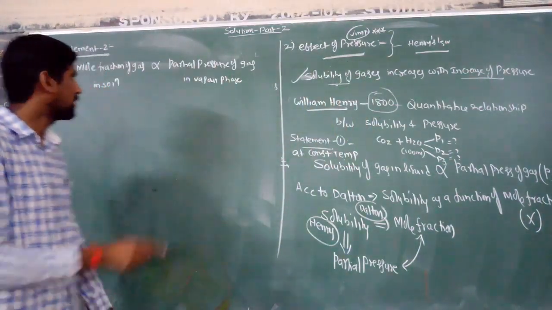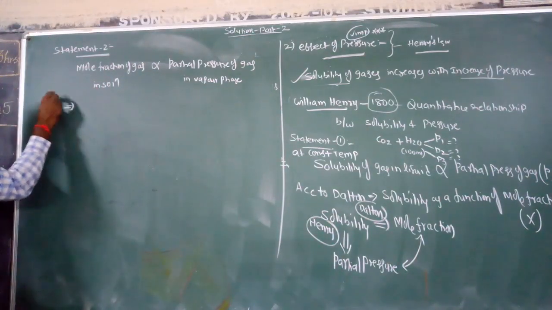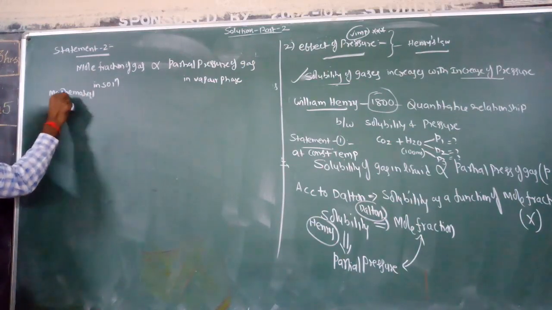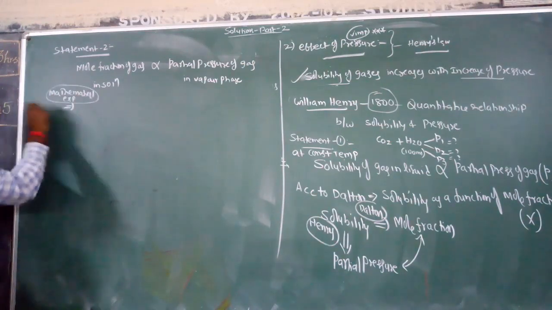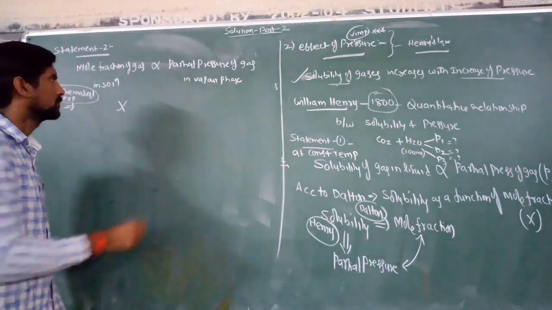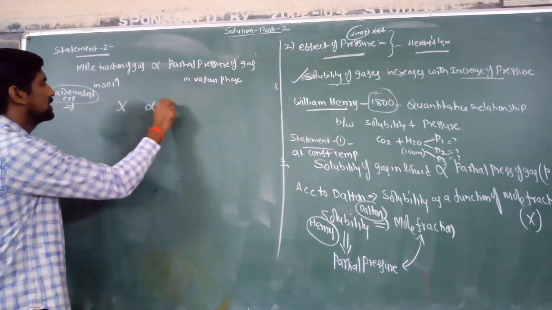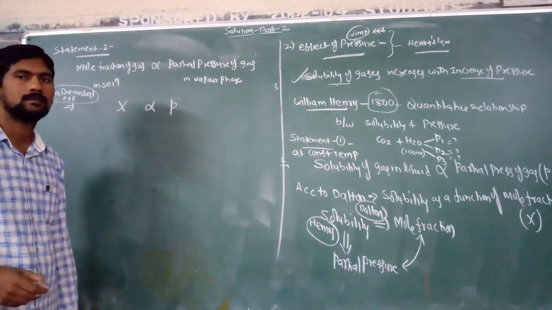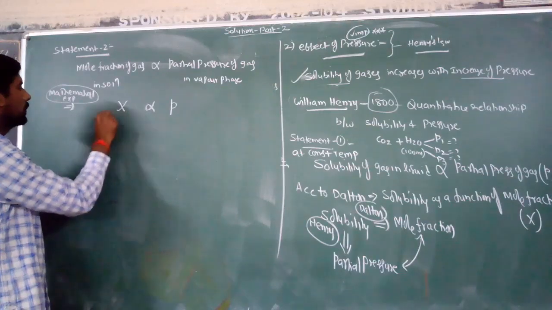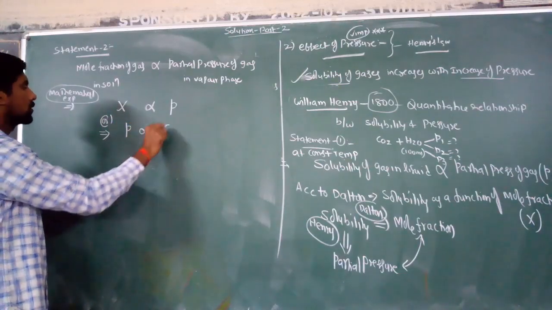From these two you can write the mathematical expression. Mole fraction, denoted by the symbol X, is directly proportional to partial pressure P, or P is directly proportional to mole fraction.